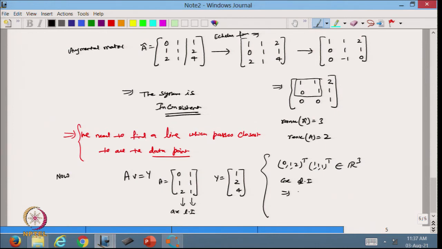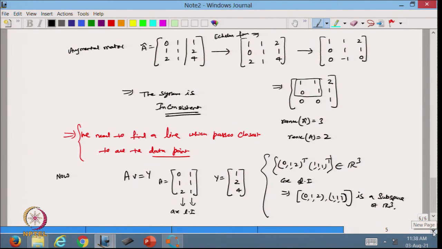It means that if I take these vectors and find their span, it is a subspace of R3 basically.